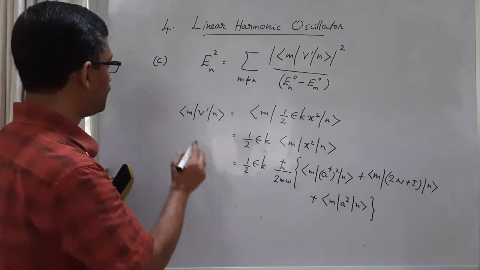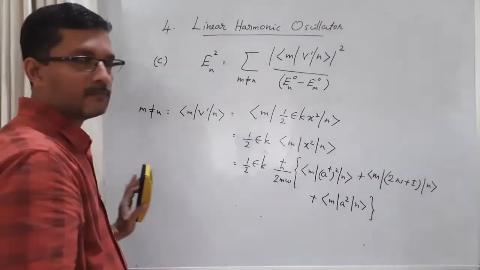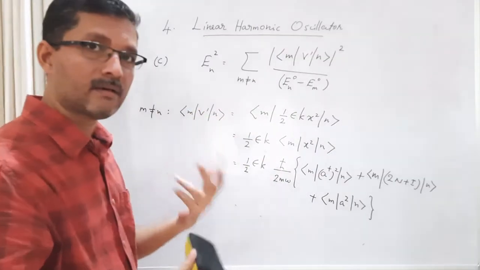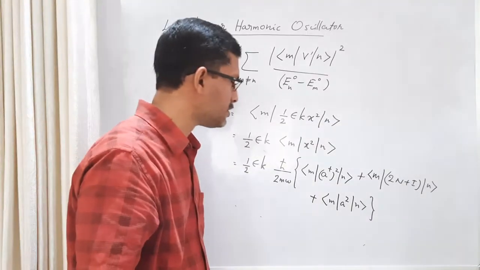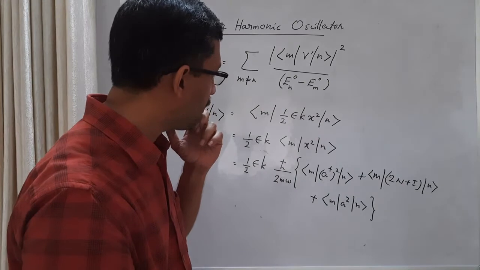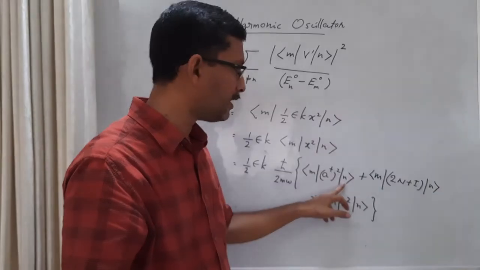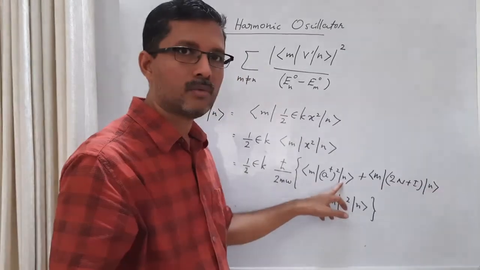Remember an important condition: m is not equal to n. In this summation, m is not equal to n, so m and n are essentially two different states. With this idea, in the first term, when a dagger square acts twice, n goes to n plus 2.